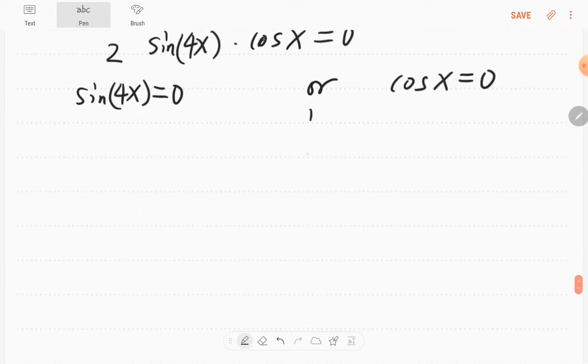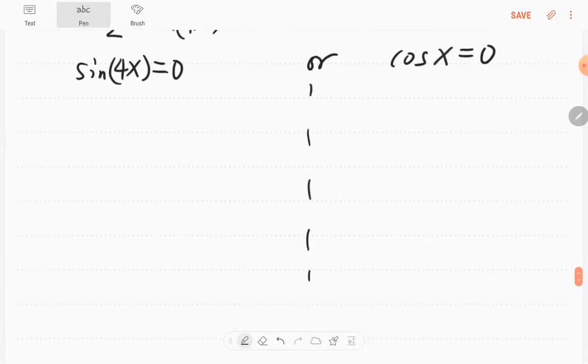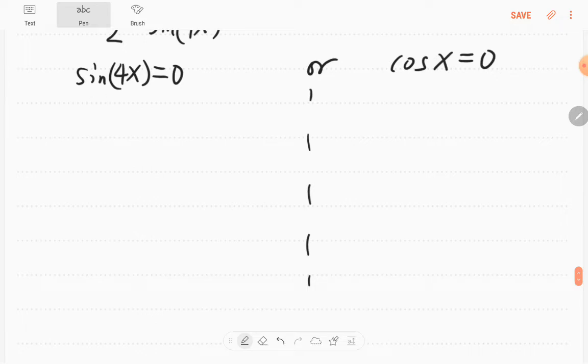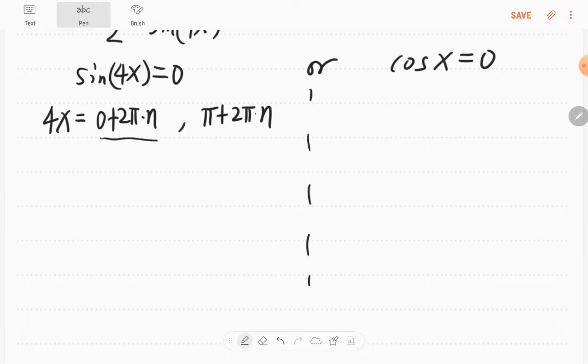Now let's look at these two trig equations separately. So 4x equals 0 plus 2 pi times n, or equals pi plus 2 pi times n, right? We can actually combine these two angles because they are on the same line, on the x-axis.